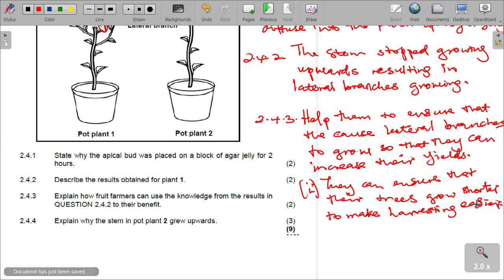So they can just make their trees shorter such that the harvesting process can be easier. So when trees are short, harvesting of the fruits can be easier. That can also be a good answer there.